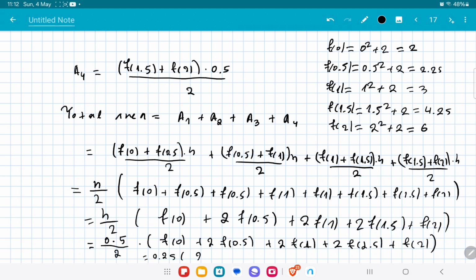f of 0 is 2, plus 2 times f of 0.5, 2.25, plus 2 times f of 1, which is 3, plus 2 times f of 1.5, which is 4.25, plus f of 2, which is 6.